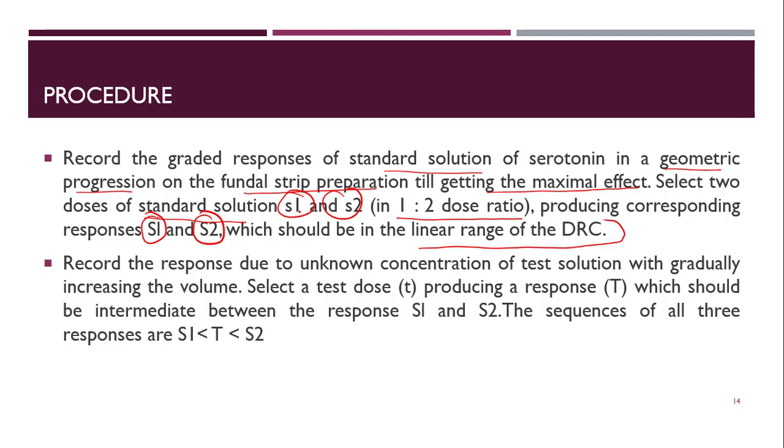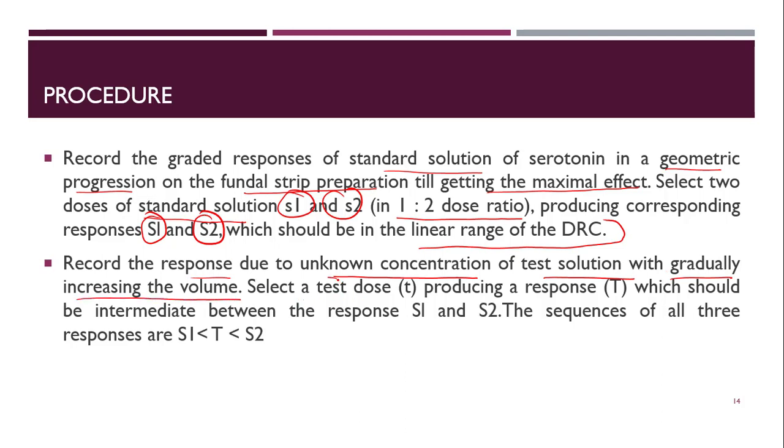Understand, the doses we denote as small s1 and small s2, and the responses as capital S1 and capital S2. Then we have to record the response due to the unknown concentration of the test solution with gradually increasing volume.